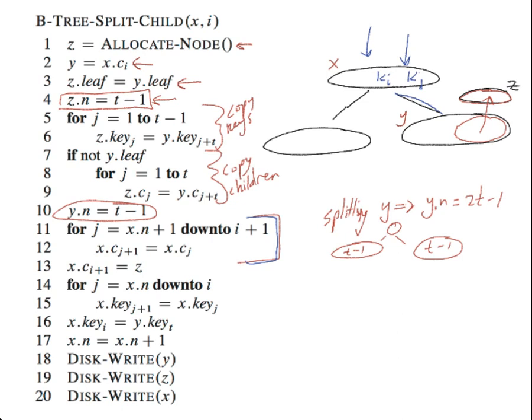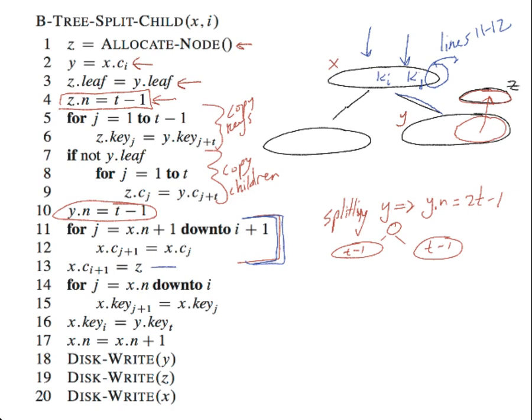So everything that comes after key k sub j is going to have to move one index over. And so that is lines 11 through 12 of the algorithm right here. So we're moving all those keys over.